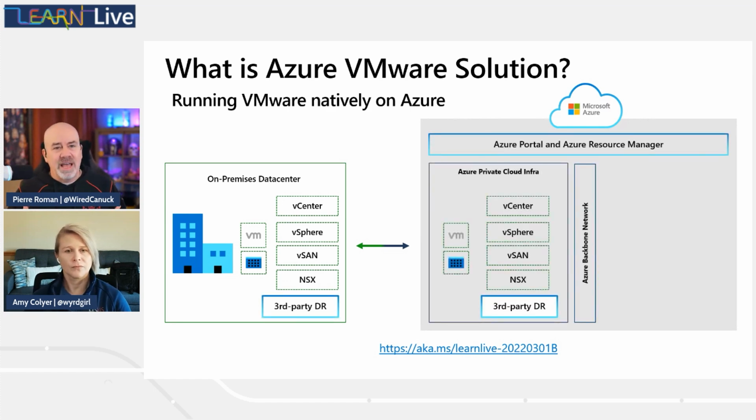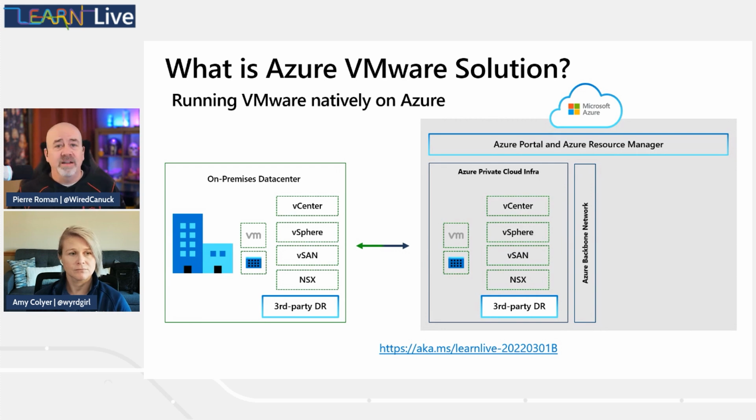But you can create an Azure private cloud where we'll deploy VMware nodes on bare metal in an environment that is restricted to you, where you can connect it to your environment and actually expand your data center footprint into the cloud.